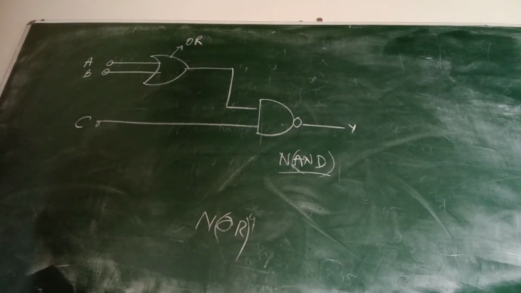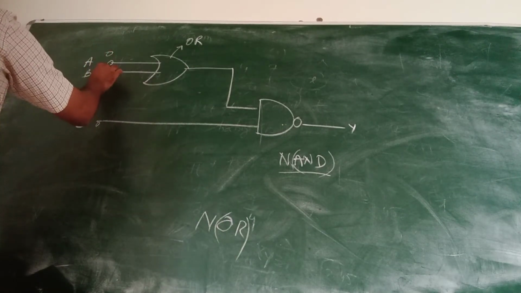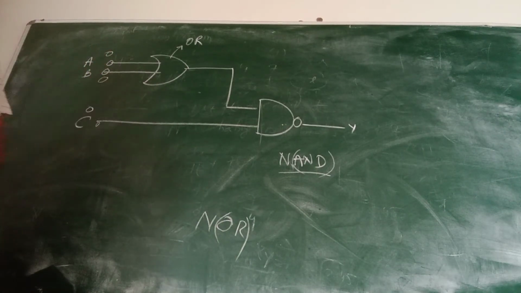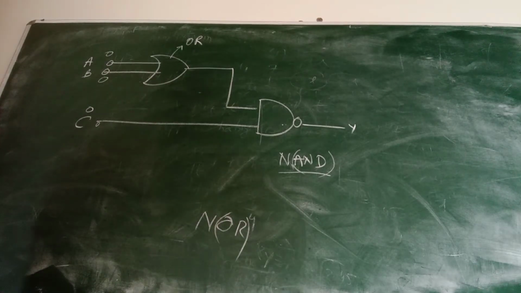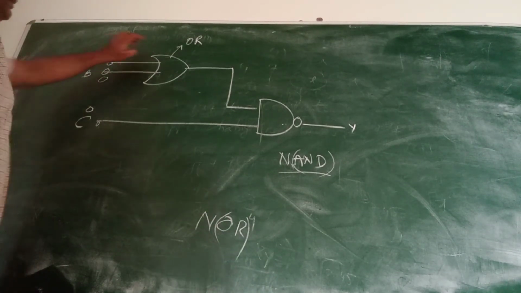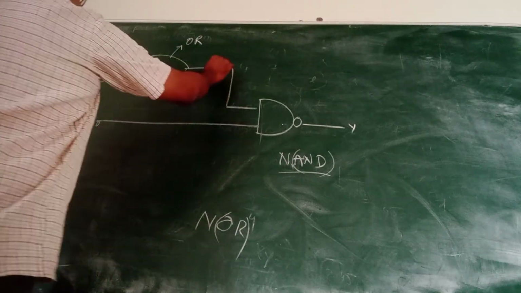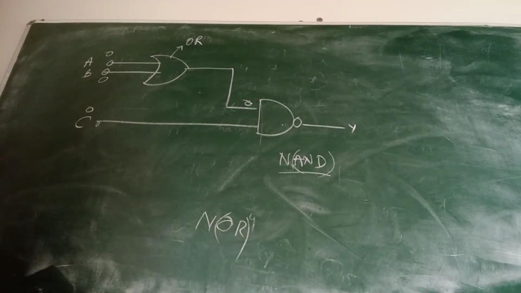It's a simple way to understand. So let us say initially this is 0 and this is 0 and this is 0 signal. Alright. So if both are 0, it's an OR gate. To get 1, one of them has to be high, but both are low. So you get 0 here.